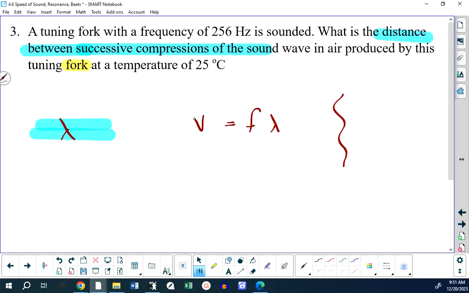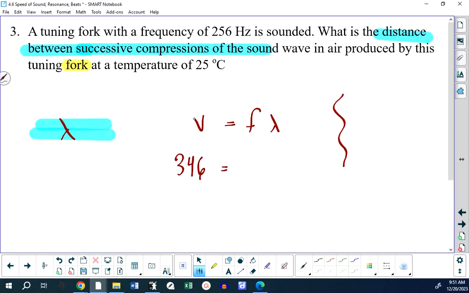Number 1, we found that speed. When you look back at number 1, it was what is the speed of sound in 25 degrees Celsius air? And we got 346. Thank you. Bless you. We got 346. So this number, 346 meters per second, is coming from example 1.